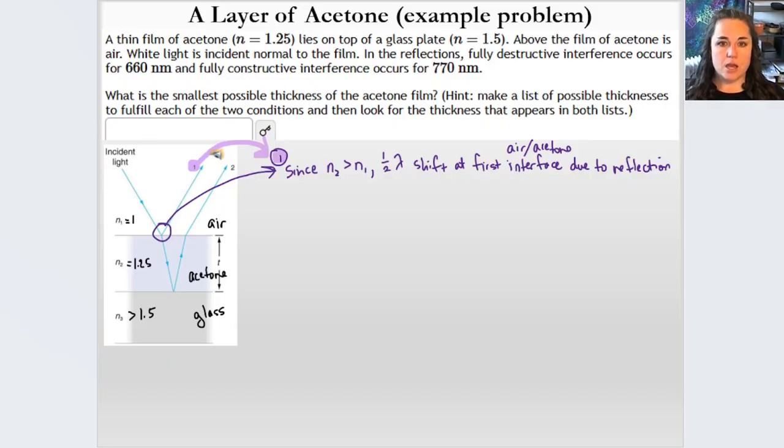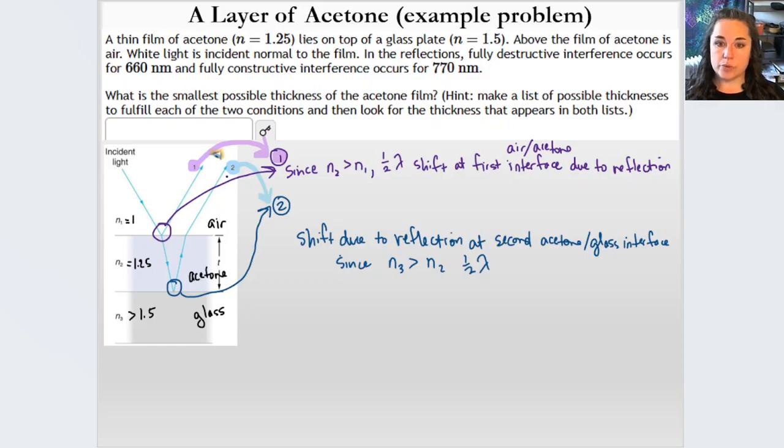At that second interface, we are also going to get a shift due to reflection because the glass has a larger index of refraction than the acetone. So we're going to get another half a wavelength there. So we have 2 half wavelengths. If you're keeping track at home, 2 half wavelengths adds up to a whole wavelength. So let me put that in the equation here in a second.